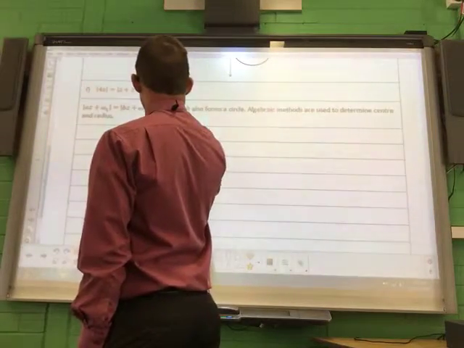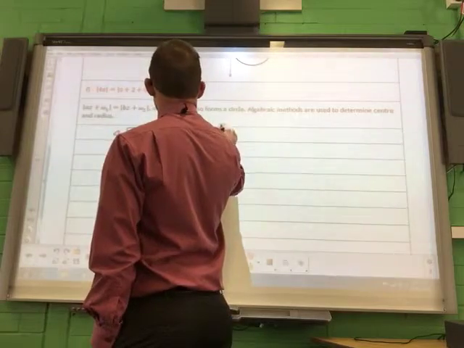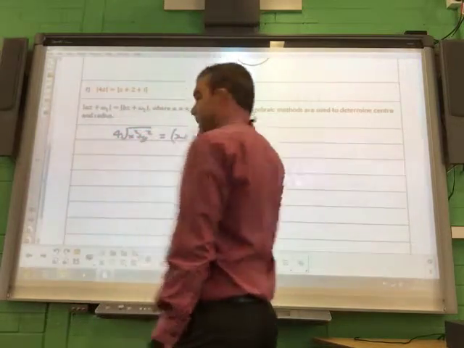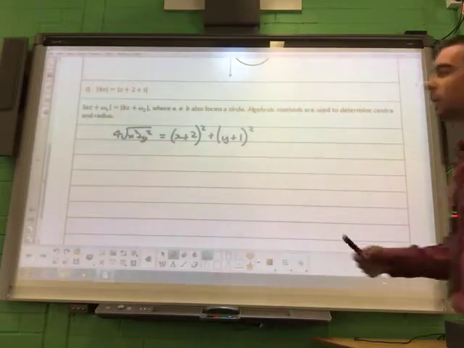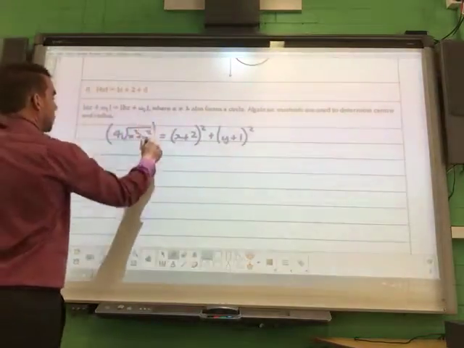So we've got x plus 2 all squared plus y plus 1 all squared, matching your real and imaginary parts. Because really what we're doing is finding a distance, so this really should be the square root of x plus 2 squared plus y plus 1 all squared. So it's really just saying square root. So to balance it all out, I need to square this side as well.